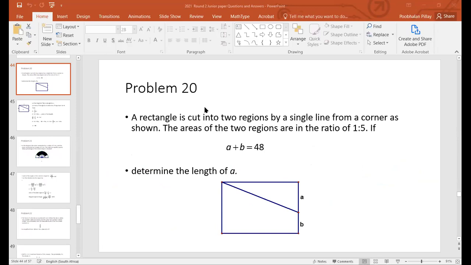The areas of the 2 regions. Okay, now we're getting into the areas of the 2 regions, 1 is to 5. So, okay, if this area is A, I can simplify the problem very nicely by reading it nicely. The areas of the 2 regions are in the ratio 1 is to 5. So if this area is A, this area here is 5A.